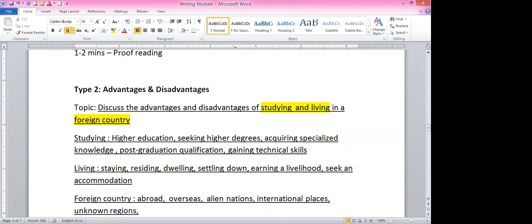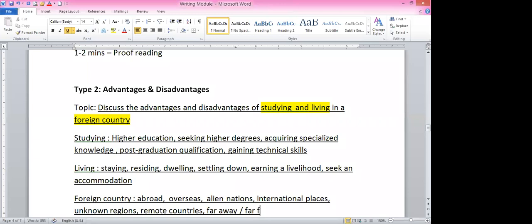Remote countries, far away places, far flung.